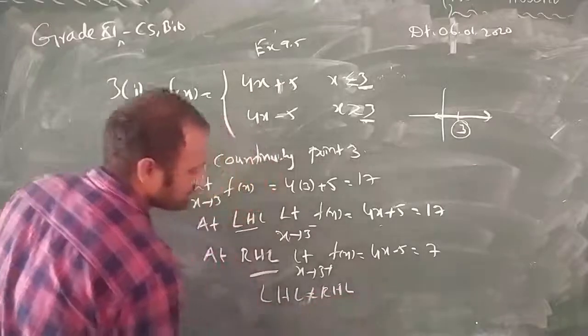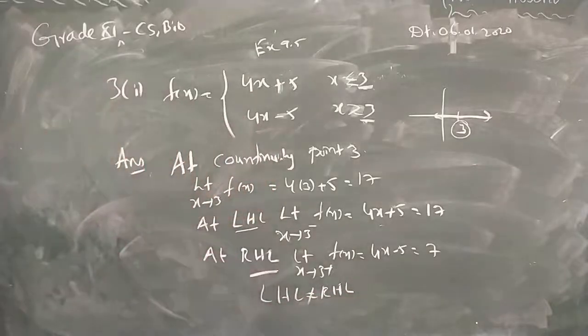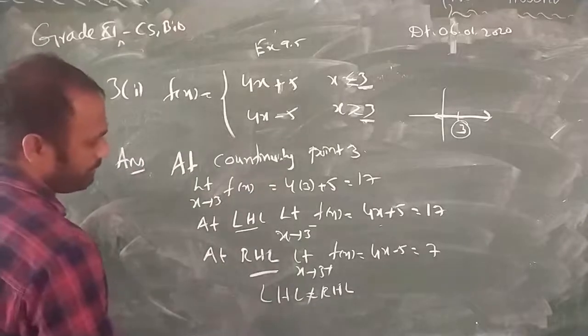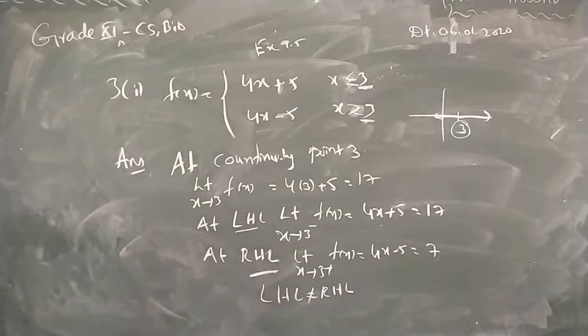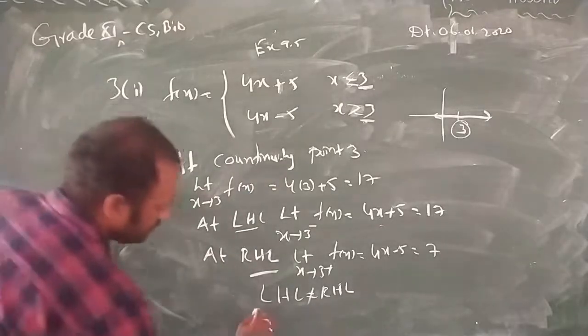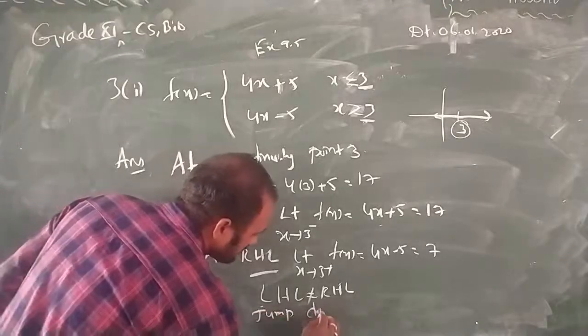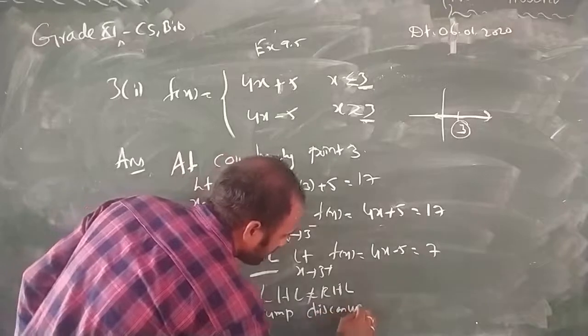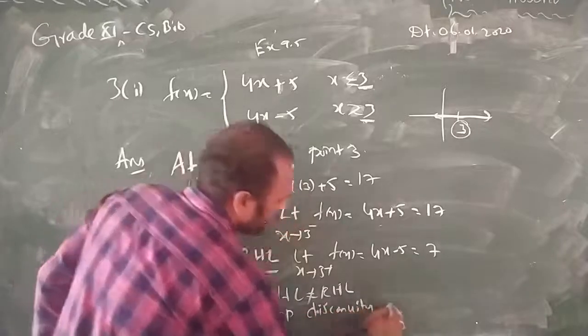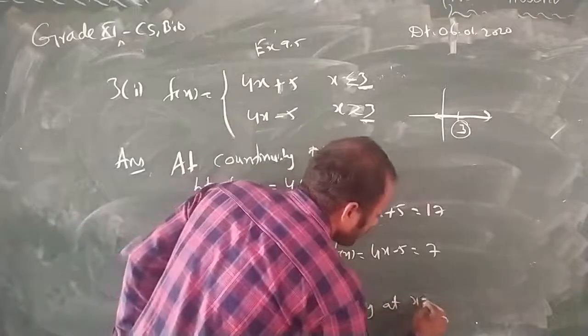So we can say this is a jump discontinuity. We can call this a jump discontinuity at x equal to 3.